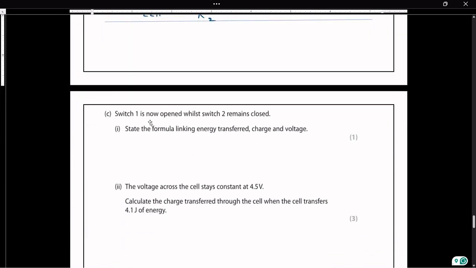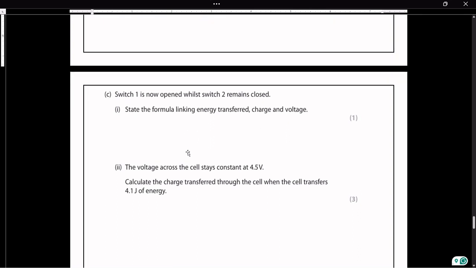Now the switch S1 is open with the switch S2 remaining closed. State the formula linking energy transferred, charge and voltage. We studied the definition for voltage: it is energy transferred per unit charge.